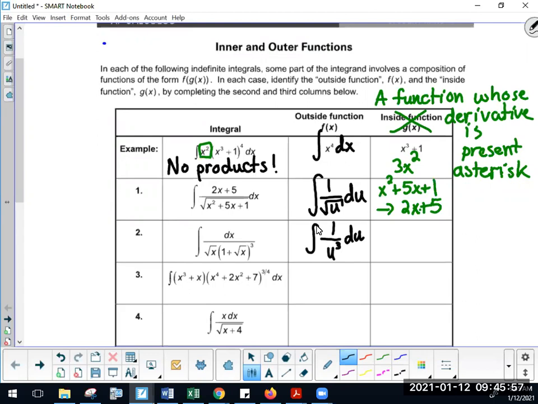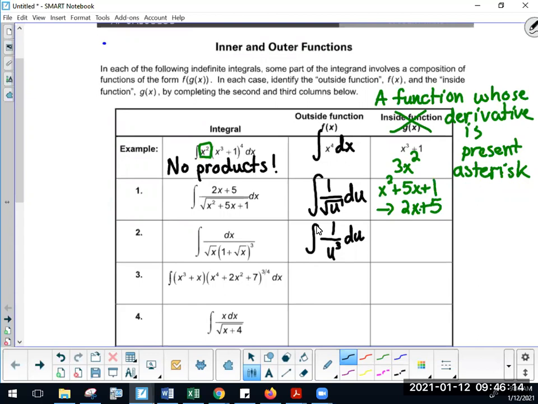Check that one out. Antiderivative of 1 over u cubed du. Can we do that one? Yes, we can. That's another power function, isn't it? Yep, we change it to u to the negative 3rd power. We can do that one, okay?